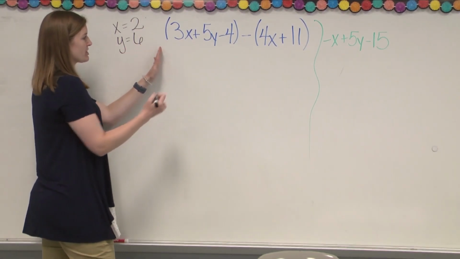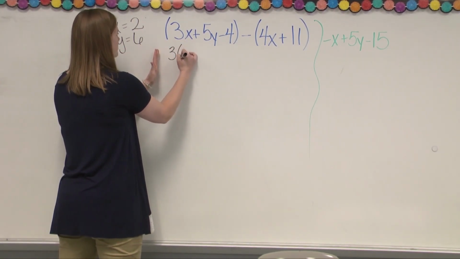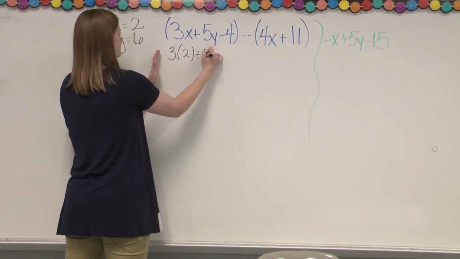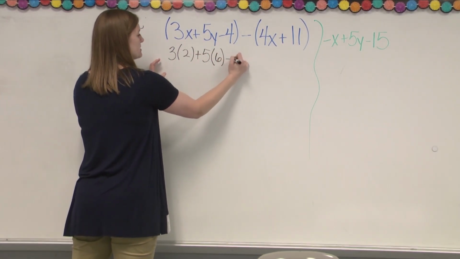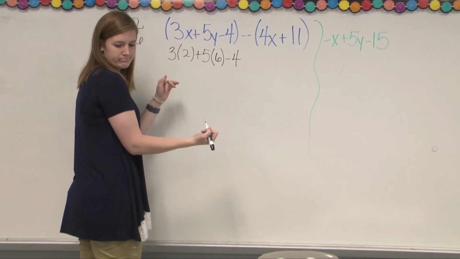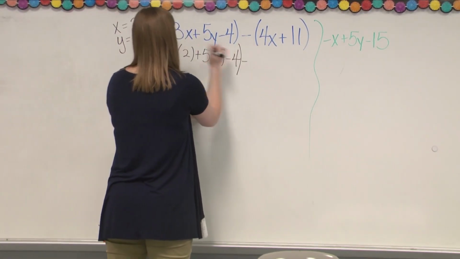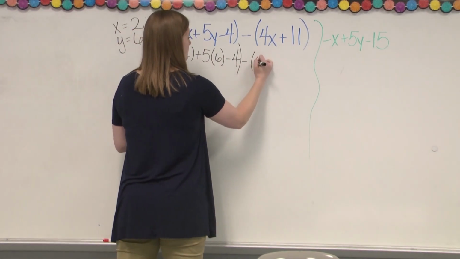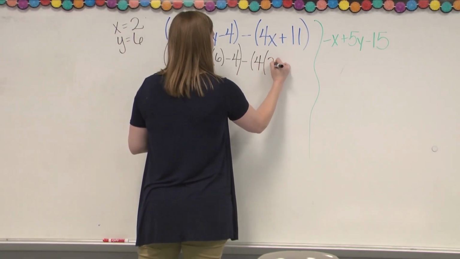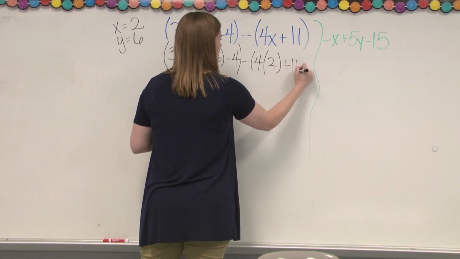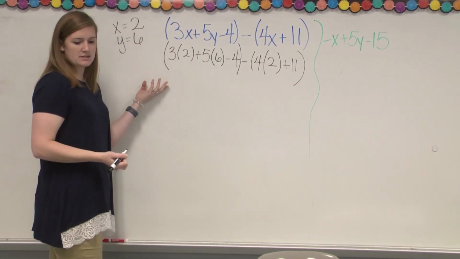So for this first expression that we started with, I'm going to substitute 2 in place of x and 6 in place of y. Let me put those in parentheses. Again, I'm substituting 2 in place of x, and I'm going to evaluate and see what I come up with.